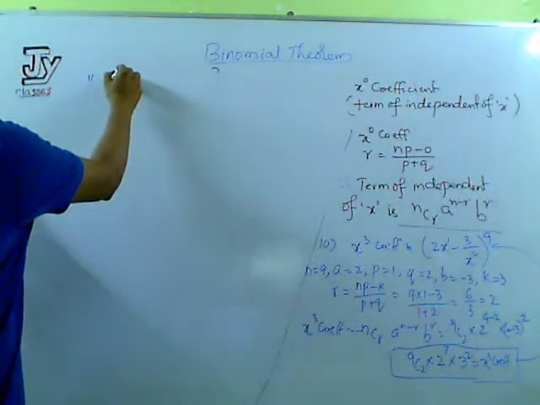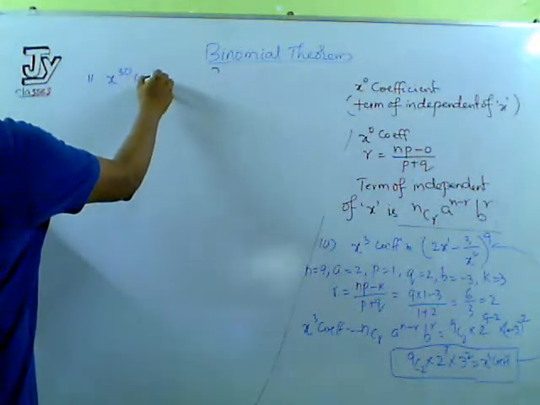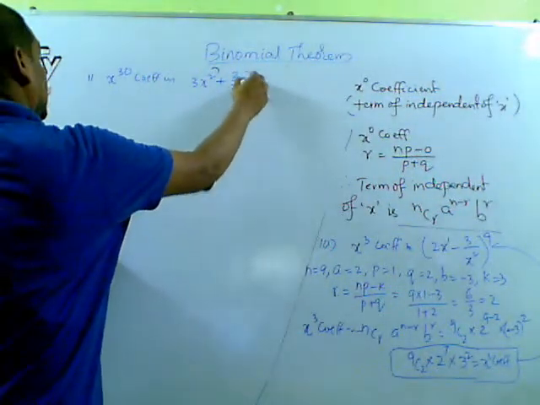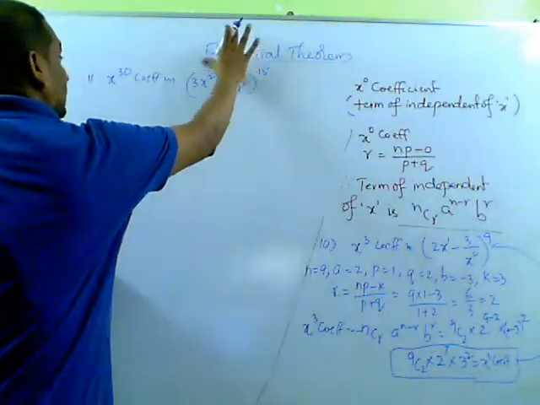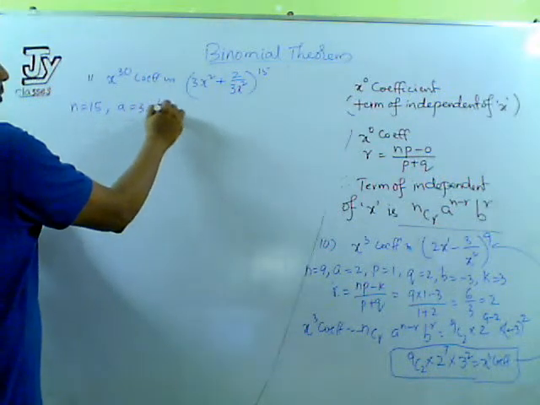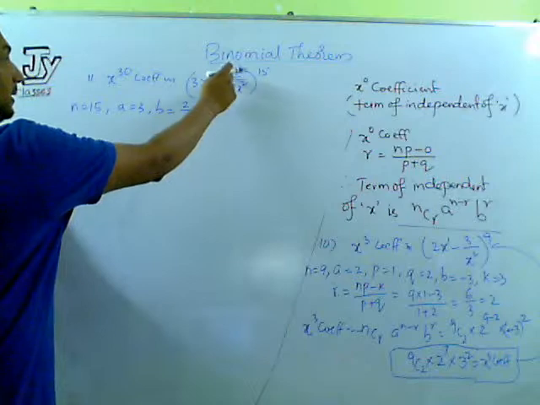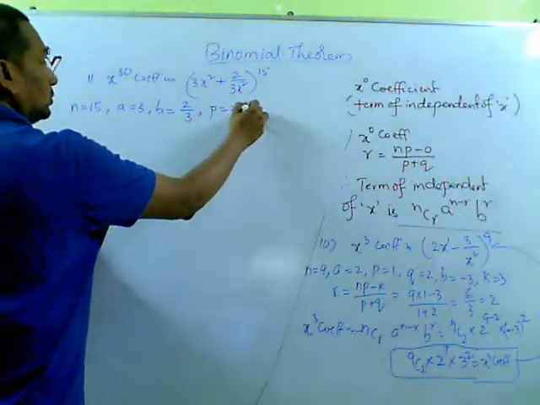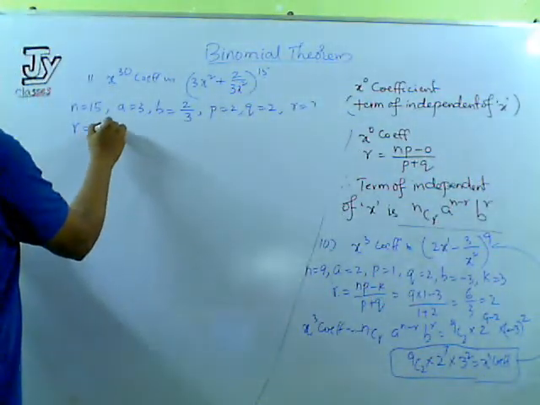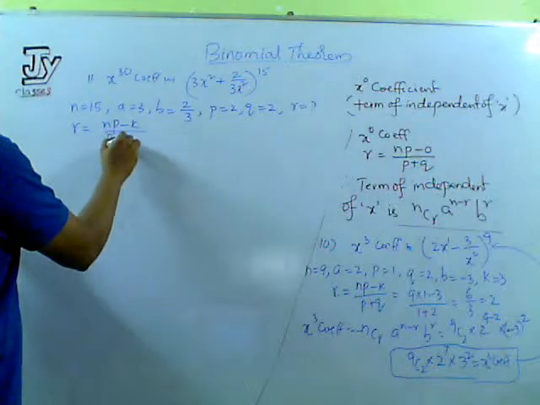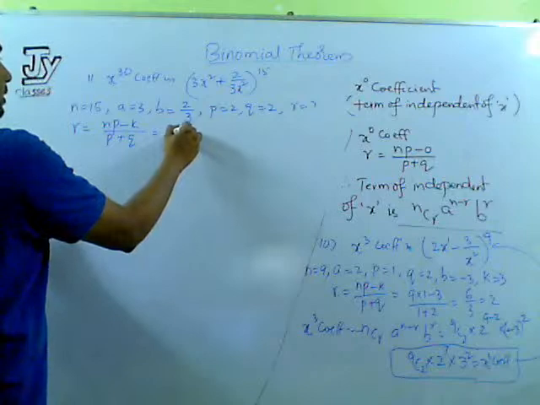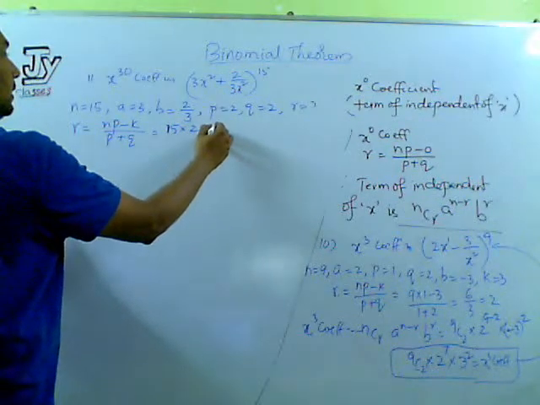11th one, x power 30 coefficient in (3x square plus 2 by 3x square) whole power 15. Simple. n equal to 15, a equal to 3, b equal to 2 by 3, p equal to 2, q equal to 2. You have to find r equal to (np minus k) by (p plus q), n 15 into p 2 minus k. What is k?